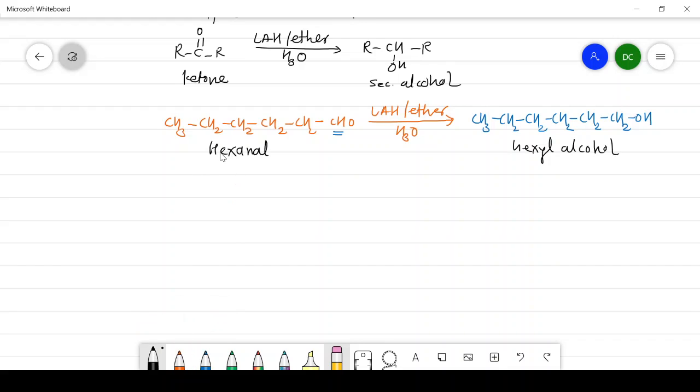Now we will take a compound which is having a double bond, that is an alpha beta unsaturated aldehyde, crotonaldehyde. Let's see what is happening.